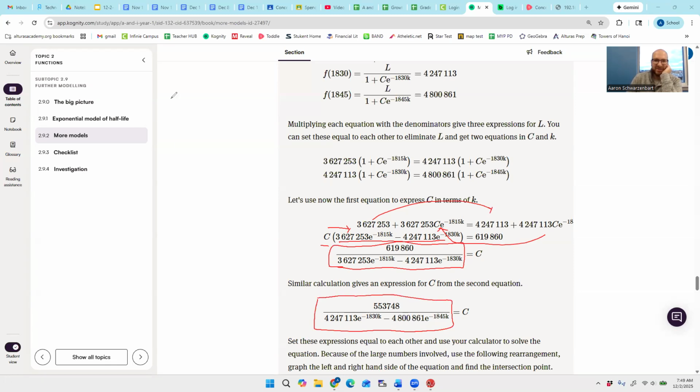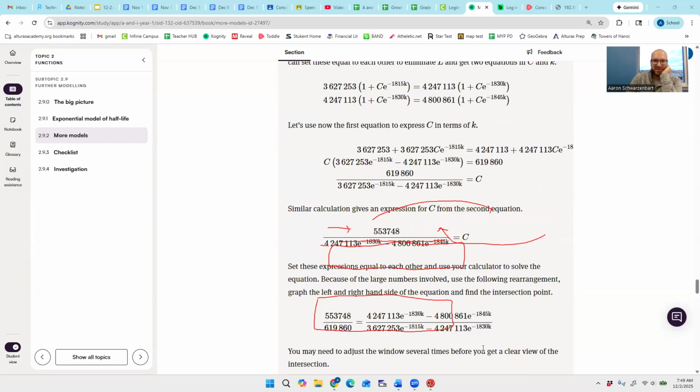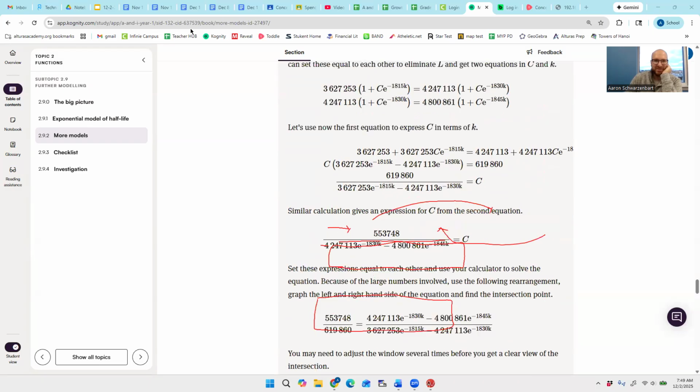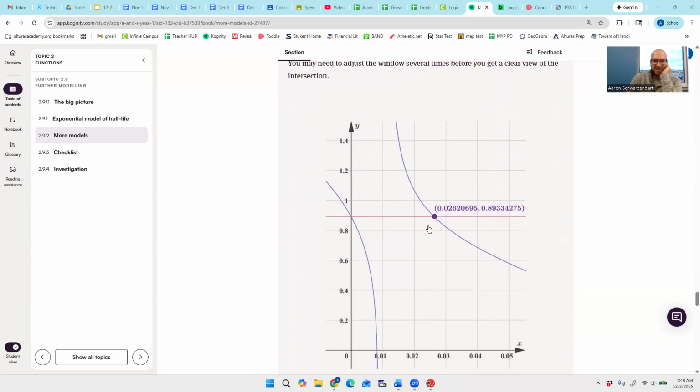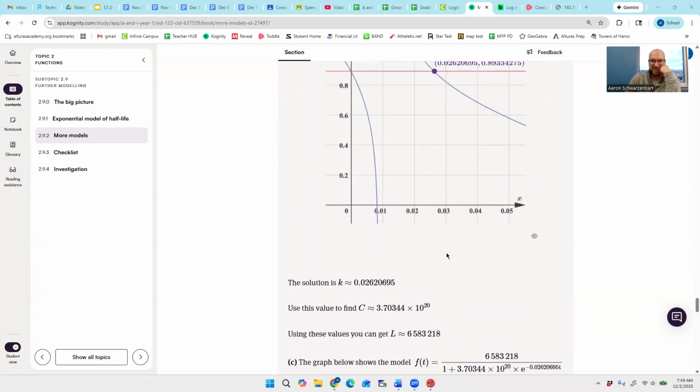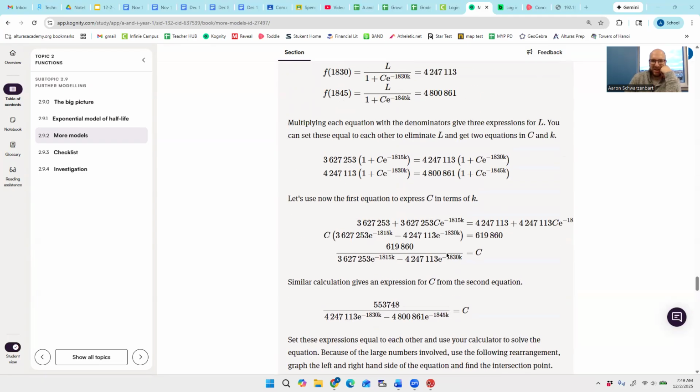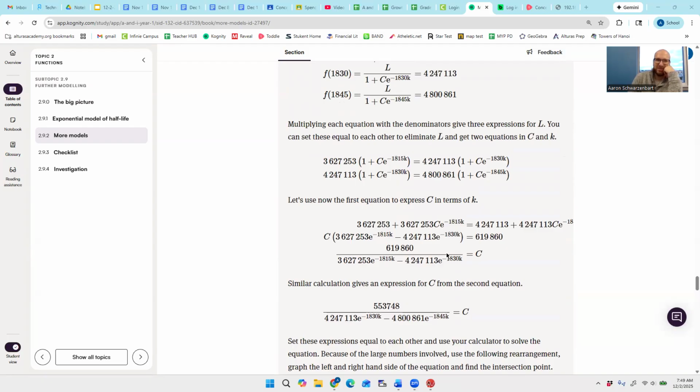And then you're probably going to have to set them equal to each other and solve via the graphing calculator. They put it into a ratio, but you still need to solve via graphing calculator, which to me kind of defeats the purpose of why we did this by hand, other than it is a good exercise to be able to realize that you can do this combining, setting things equal to each other.